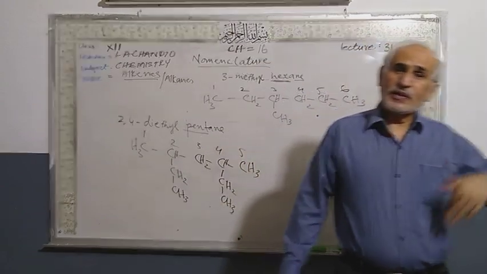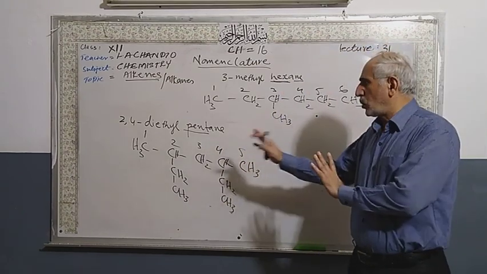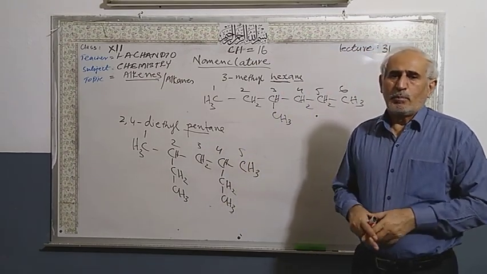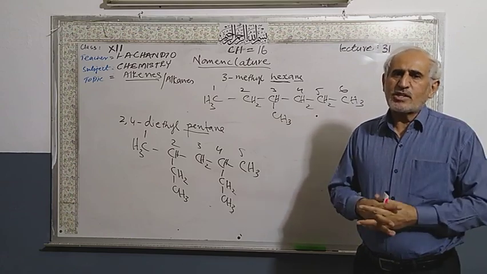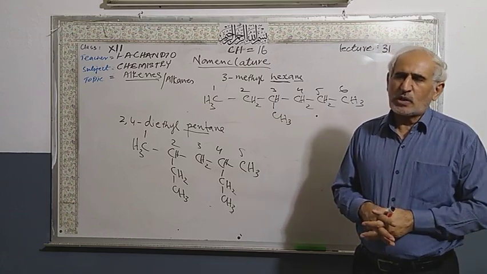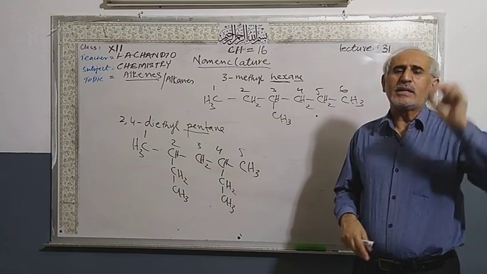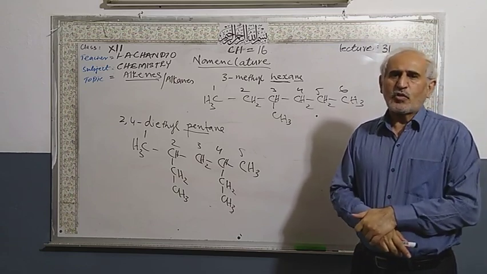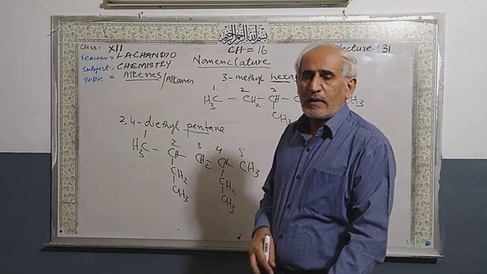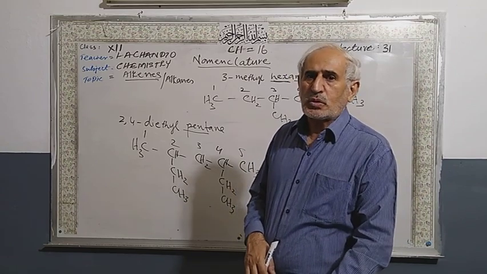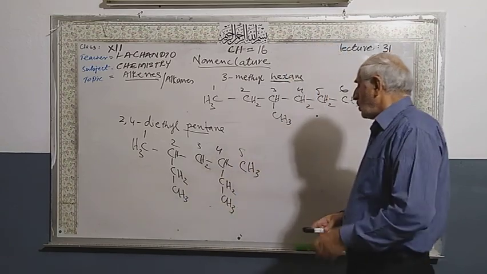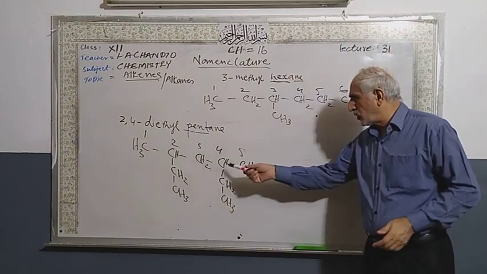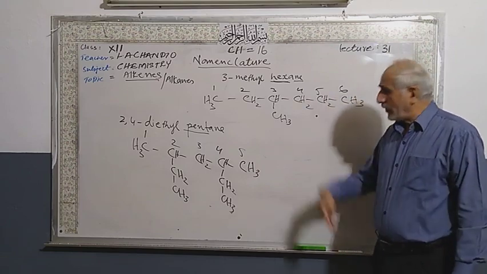And if it's correct according to the rules, it's okay. But apply the rules, and if it's not okay, then you have to correct it and write the correct structural formula for the given organic compound. So dear students, I have to rewrite this.